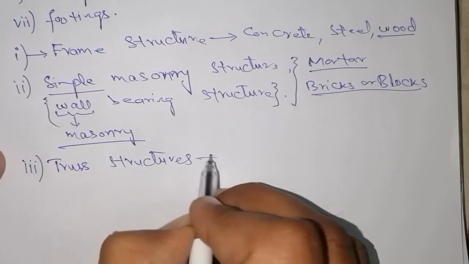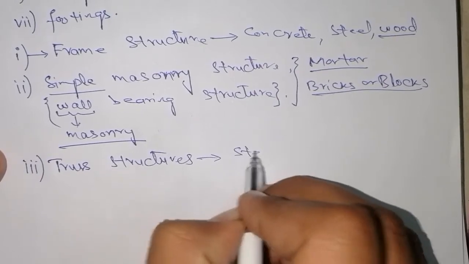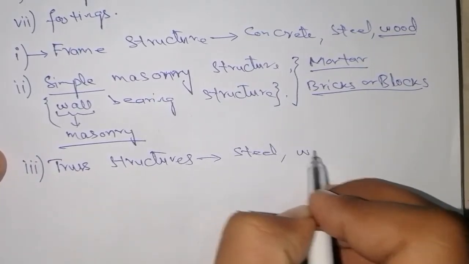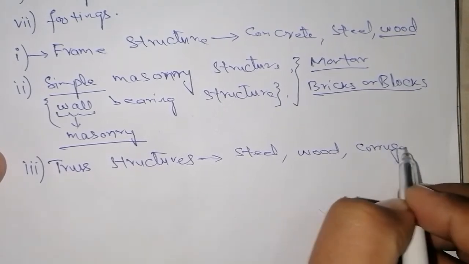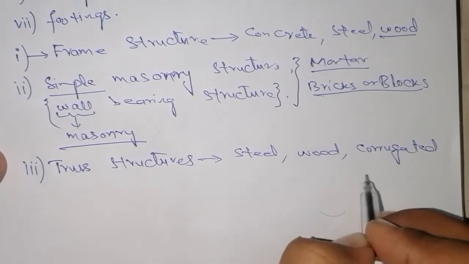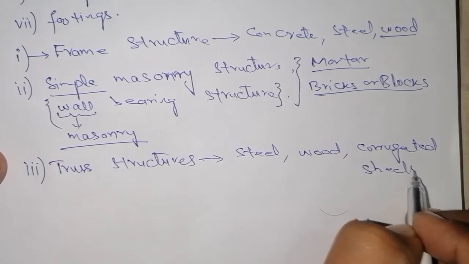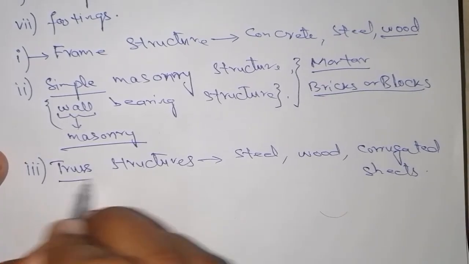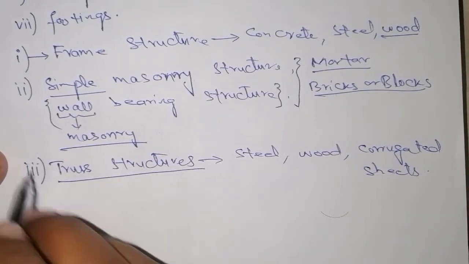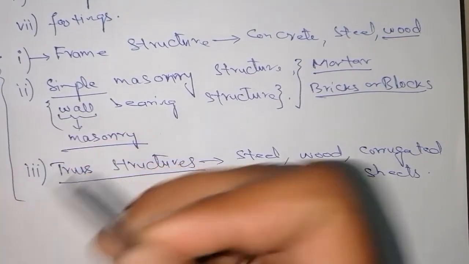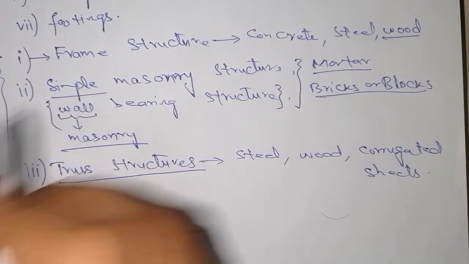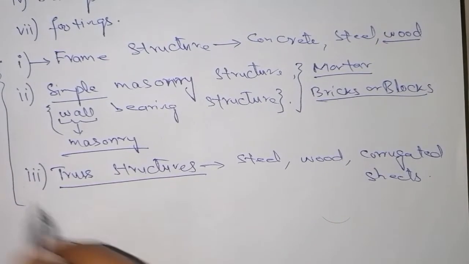And truss structures are mostly made of steel, but wood is also used somewhere, and corrugated sheets are also used for roofs. But we are not going to discuss the structures in detail at this step. First of all, we will take a simple frame structure and we will discuss the members of that structure.